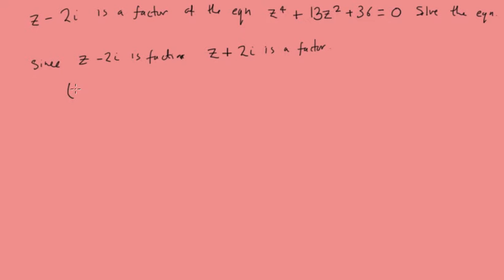Now, if we take z minus 2i and multiply z plus 2i, we're going to get z squared plus 2iz minus 2iz, so they'll cancel out, minus 4i squared, which comes out at z squared plus 4.